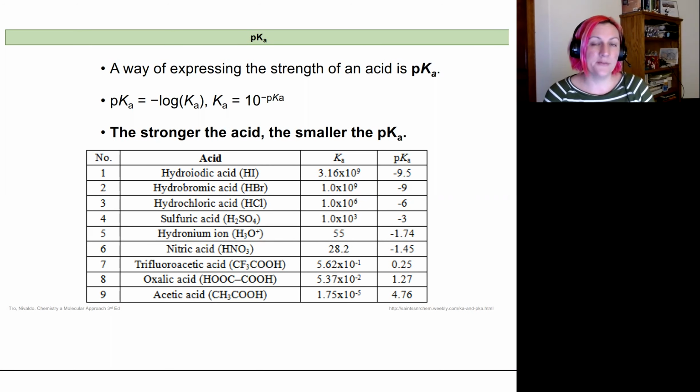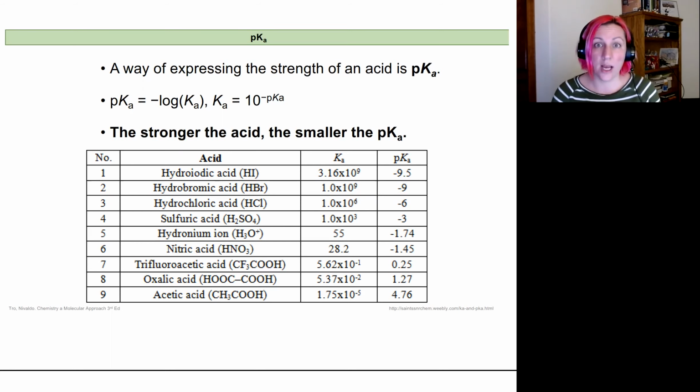So far, we've talked about expressing the strength of an acid, so how much that acidic proton dissociates, in terms of K or Ka, the acid dissociation constant. We have another way of expressing that, similar to the way we track the acidity of a solution with the concentration of a hydronium ion, but we tend to report that as pH.